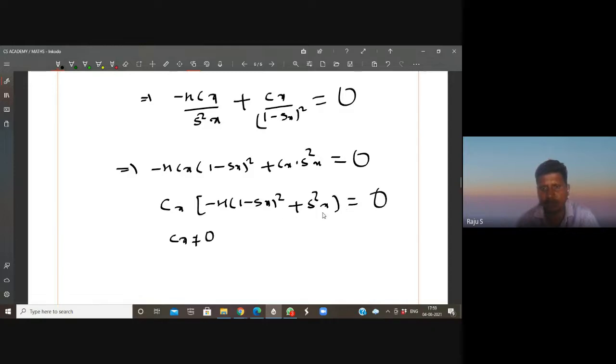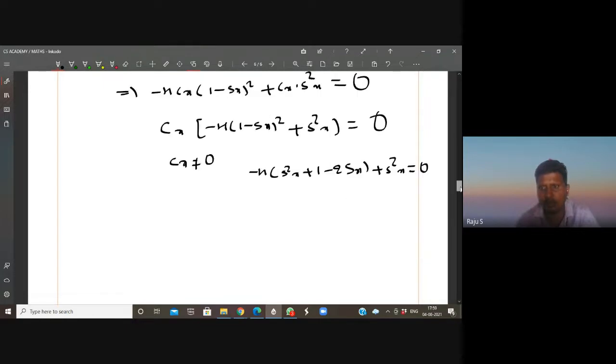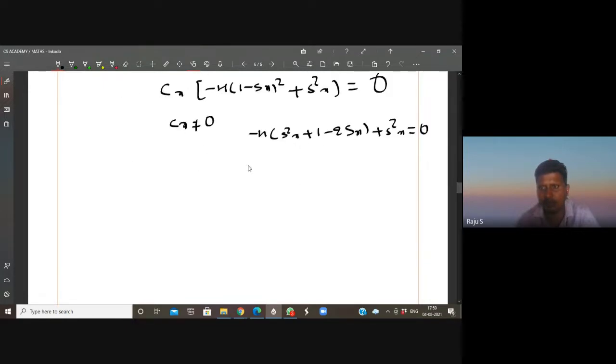So now we can equate this value to 0. So minus 4 times sin square x plus 1 minus 2 sin x plus sin square x. So we are going to get the sin x values. Whatever that is, minus 4 sin square x plus sin square x minus 4 plus 8 sin x is equal to 0.